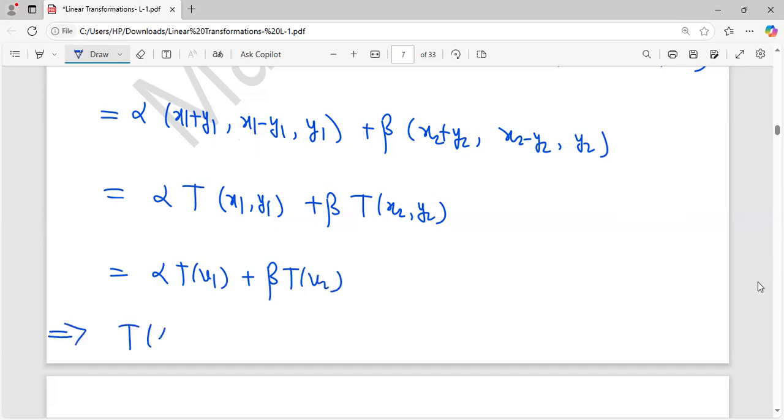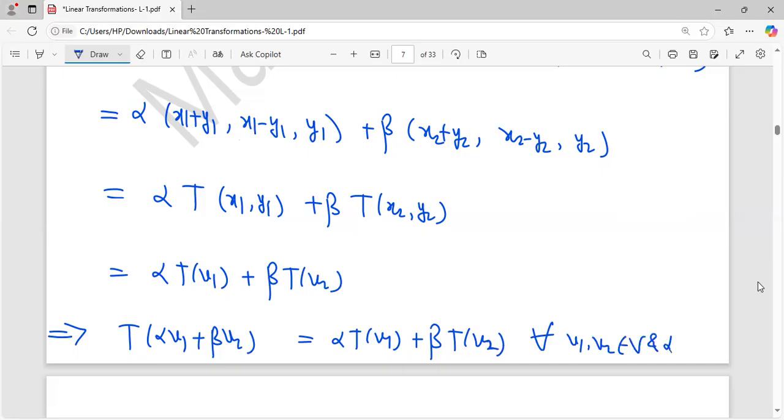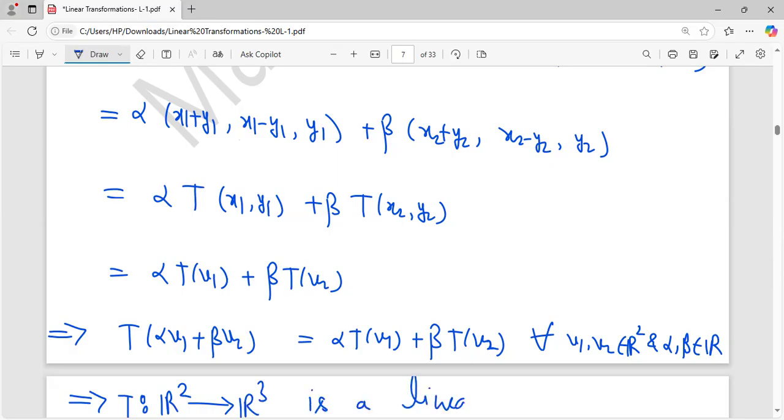So T(alpha v1 + beta v2) = alpha T v1 + beta T v2 for all v1, v2 belonging to V and alpha, beta belonging to R. So this implies T from R² to R³ is a linear transformation.